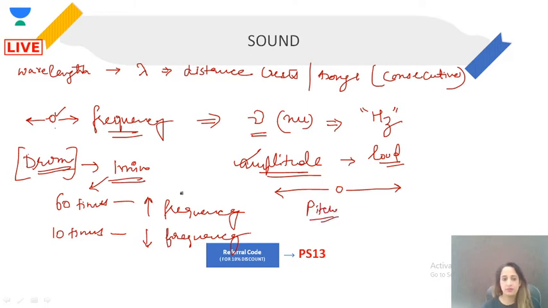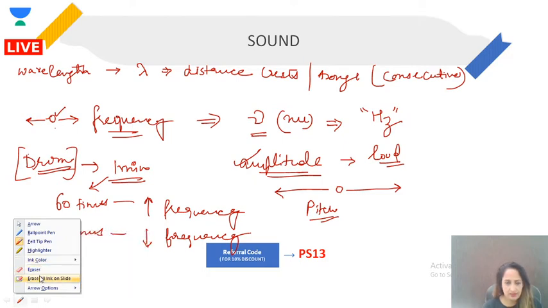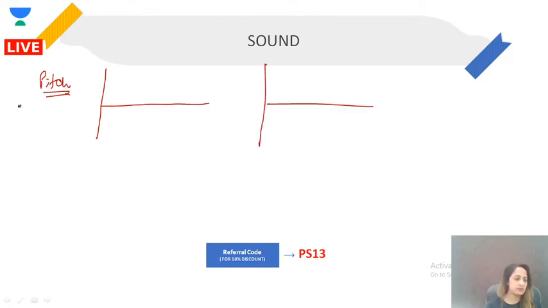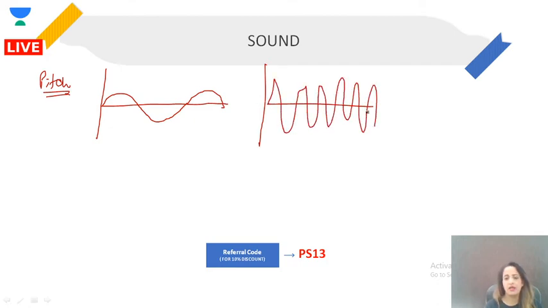For example, let me delete the whole thing, okay? All right, so now we will discuss what is pitch. Let's say we have something like this, and there is a wave of low frequency and a wave of high frequency.